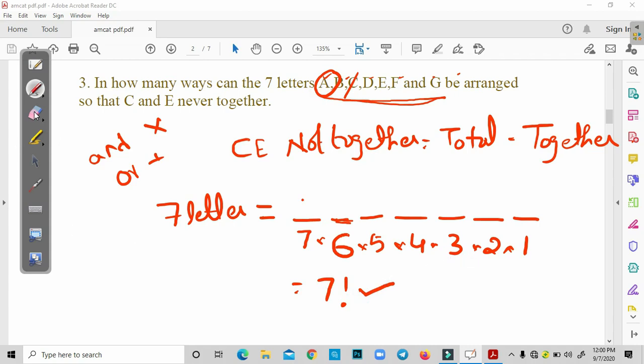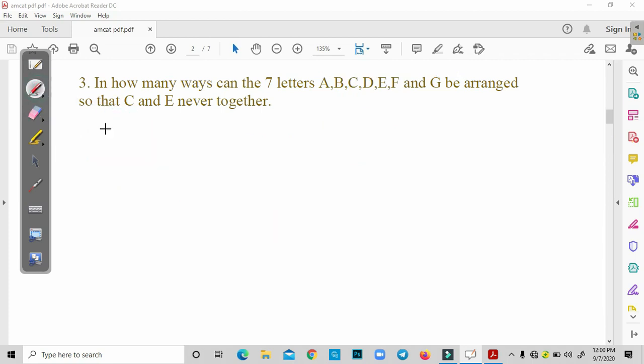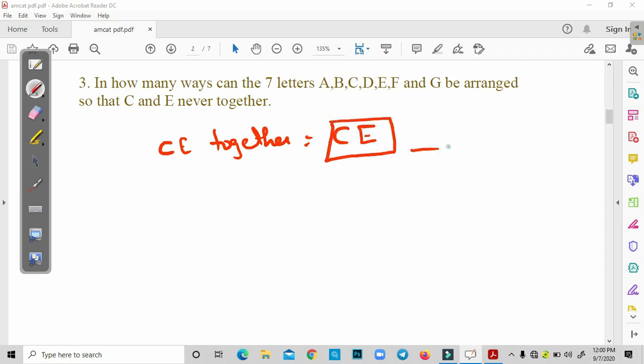Now in how many ways will C and E be together? See, whenever you come across these kinds of questions, make the 2 letters a pair. 1, 2, 3, 4, 5. So this is 1 pair and the remaining 5 positions, total 7 letters.